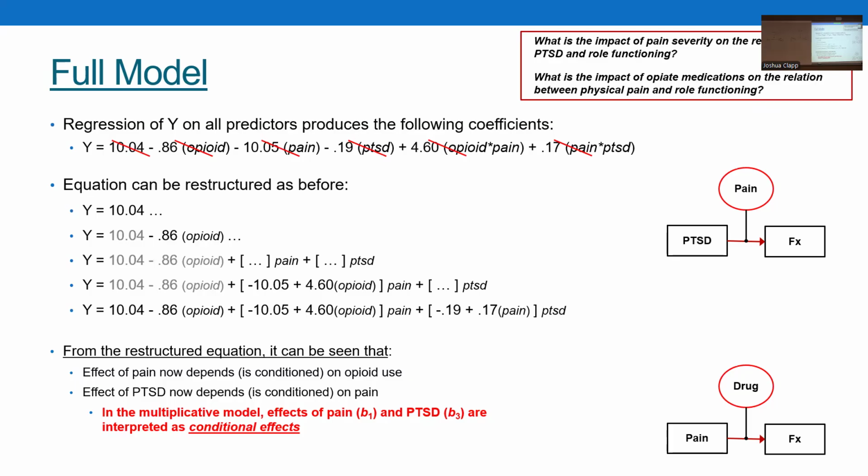So again, in this multiplicative model, the effects of pain here and PTSD, both of these are going to be conditional effects. Now, if you don't have evidence of an interaction effect, then the value here will change, but your model is saying it's not moving around by anything that's interpretable as meaningful, right?